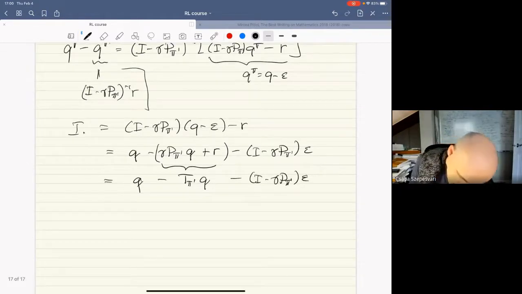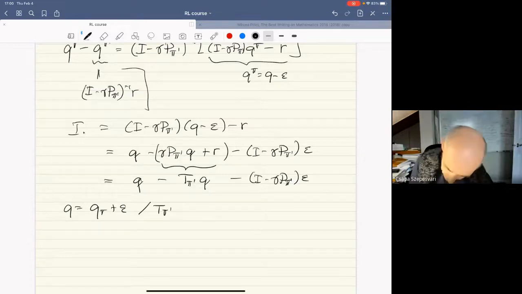And now recall what we have: Q is equal to Q pi plus epsilon. If you apply T of pi prime on both sides, you get T of pi prime Q, which is what we have here. That's why I like it.